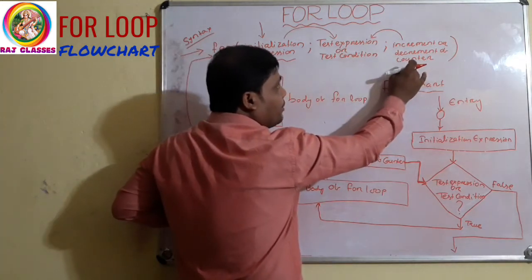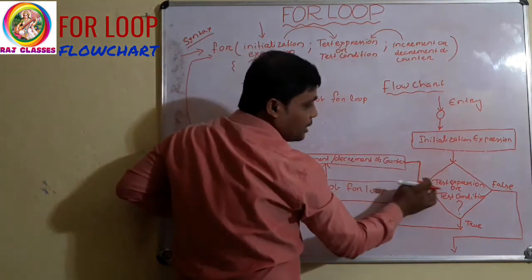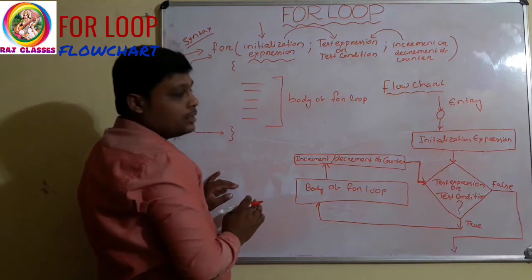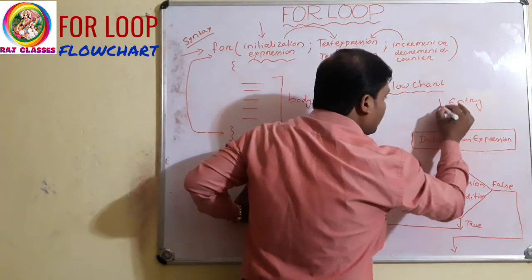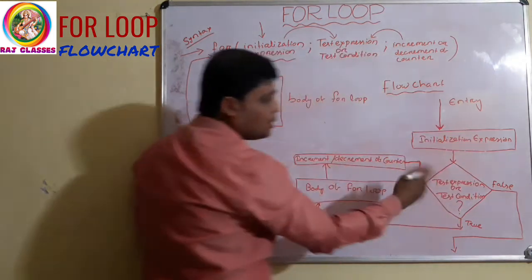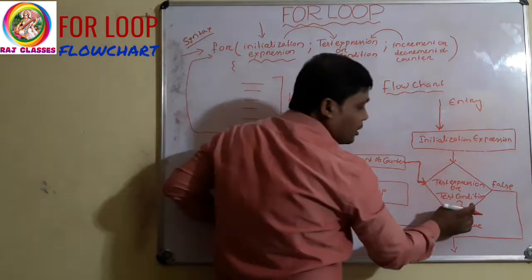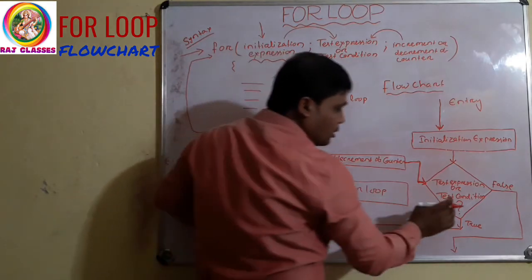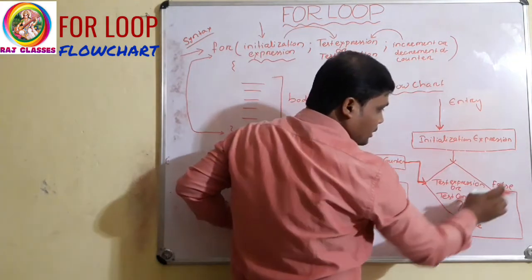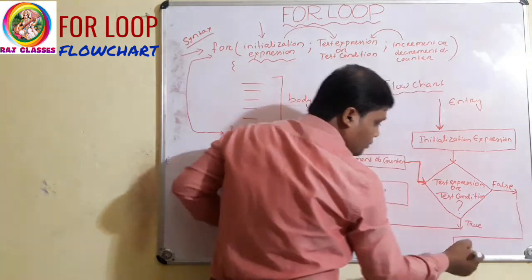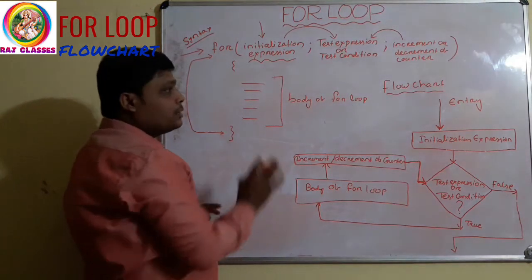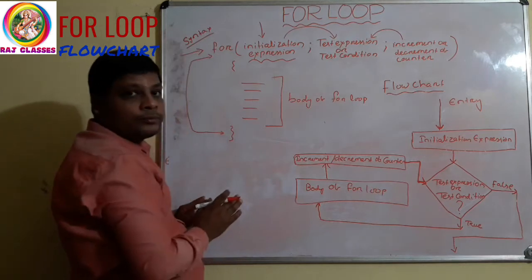After this, it will go to which part? Again the test expression or condition. This process will continue till the condition is true. When the condition becomes false, then the control will go out of the for loop. Clear? This is the flow chart for the for loop.